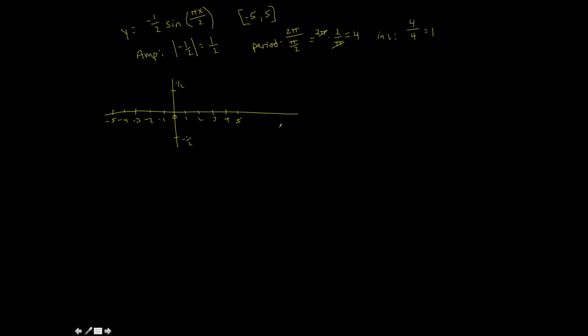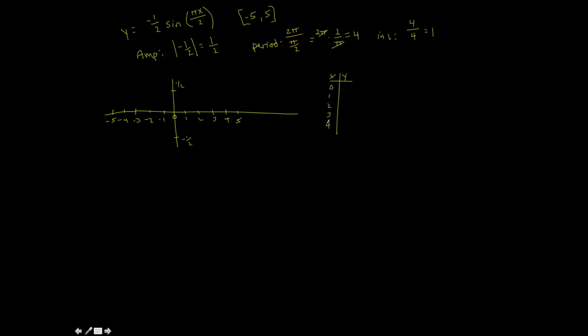Alright, so for this particular problem, make your t-chart, x, y. I know I told you you could go one period, and that's what I did. That's one period right there, 0 to 4. Okay, 0 to 4 would be one period.